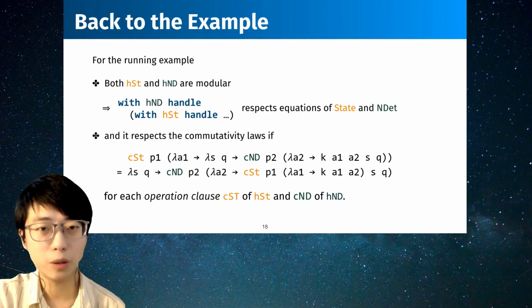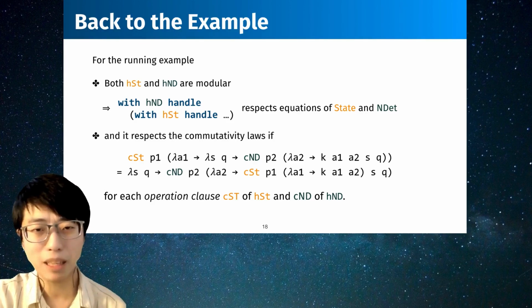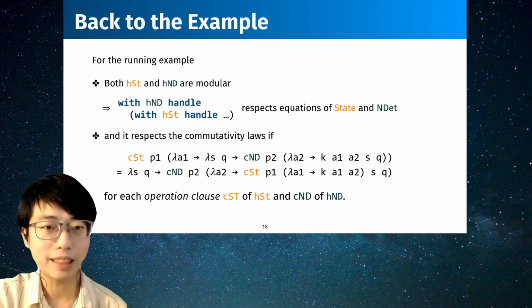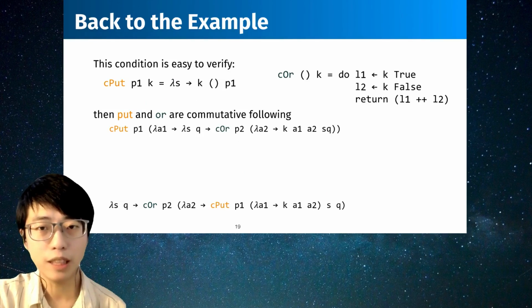Although this condition looks maybe a bit scary, it is actually simpler to work with than directly proving from the definitions, because this condition involves only the clauses of relevant operations of the two handlers, rather than recursive folds on syntax trees. For example, the clause for put is this simple function, and the clause for or is this simple function, and to show put and or are commutative under the composite handler, it is sufficient to show this equality.